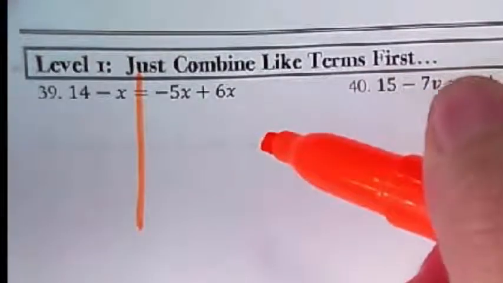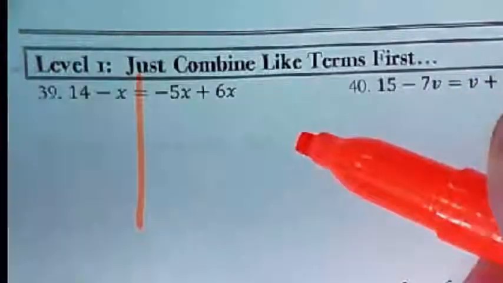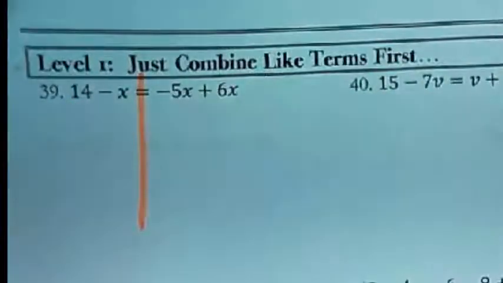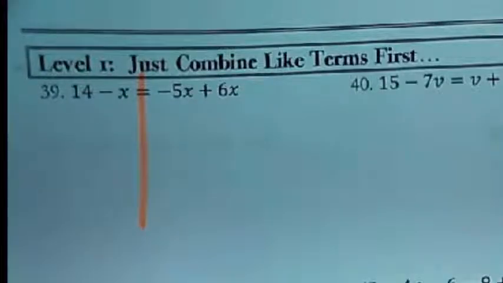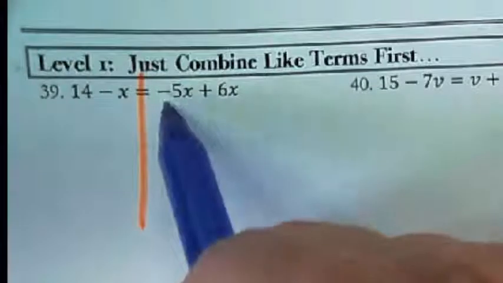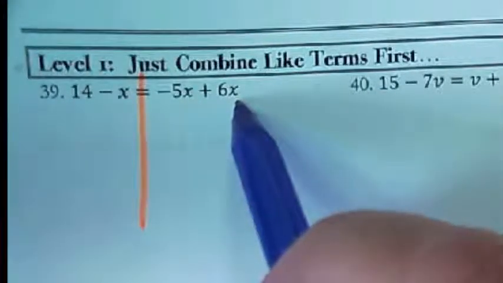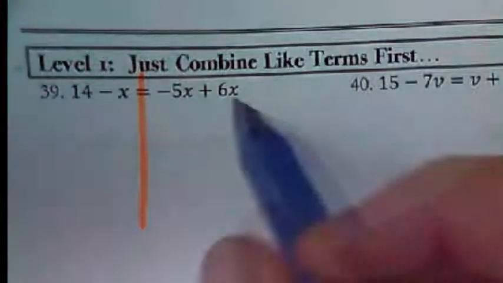No. So on this side, we've got 14 and negative x. Those are not like terms because the variables are not exactly the same, so we cannot combine those. But on the other side, we have negative 5x and plus 6x. Those are like terms, so we can combine those because they both have an x.